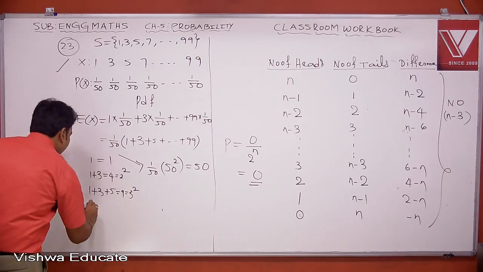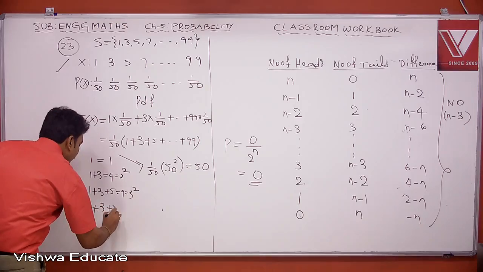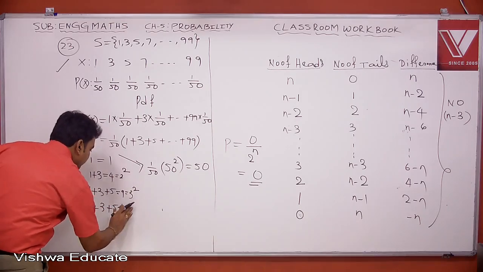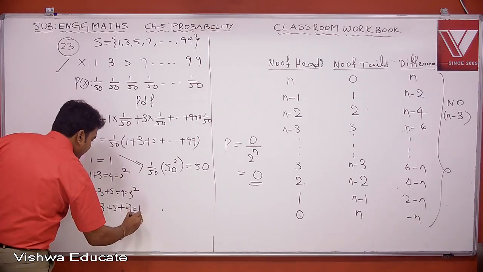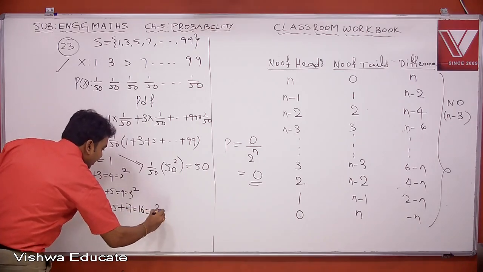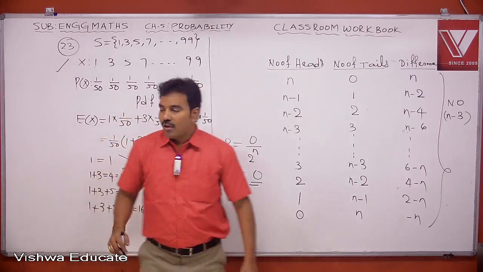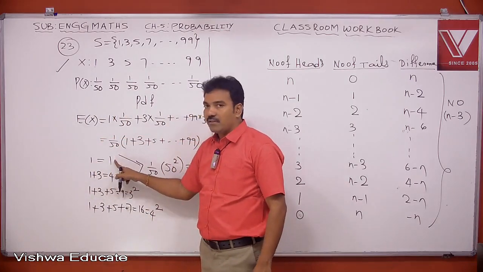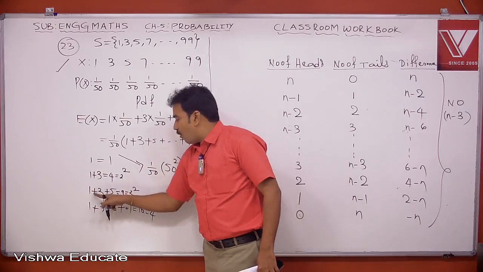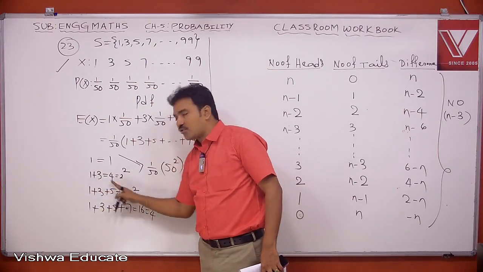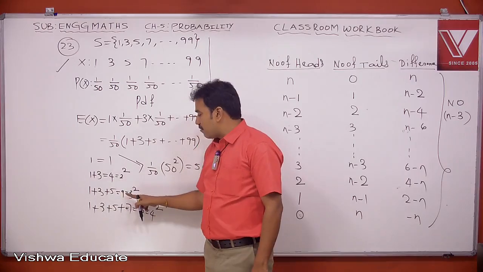Similarly, when you take the sum of the first 4 odd numbers, 1 plus 3 plus 5 plus 7, this is 16. Basically this 16 is 4 square. Therefore when you consider only 1, it is giving 1. The sum of 1 and 3 is 4, this is 2 square. 1 plus 3 plus 5, the sum of the first 3 odd numbers, is 9, but 9 is 3 square.